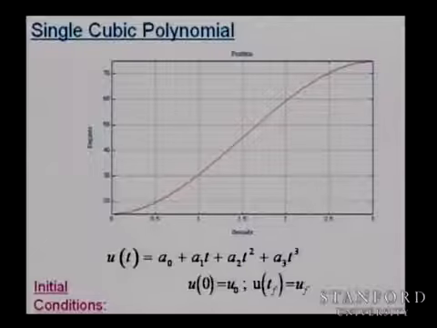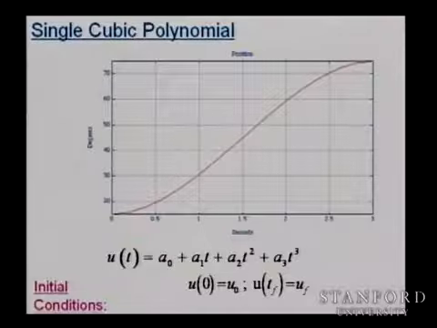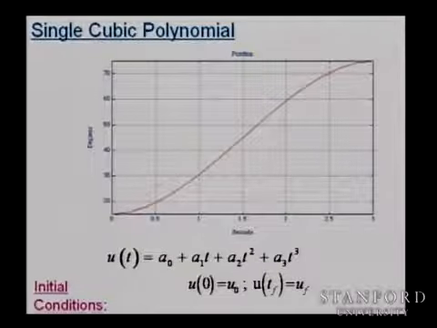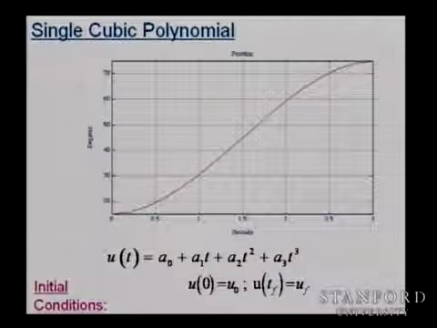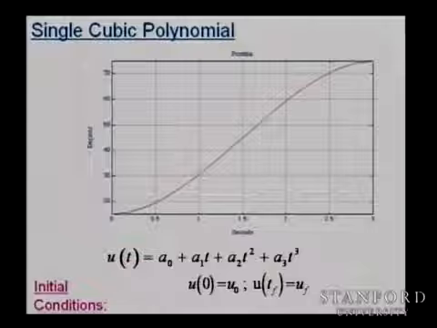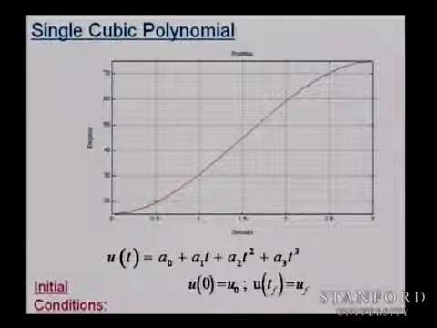Typically, what we will have as initial conditions is some starting point and some ending point, right? Those things will be given. You know, where do we start the motion, and what is the position for each of the intermediate points and the goal point where we want to go.